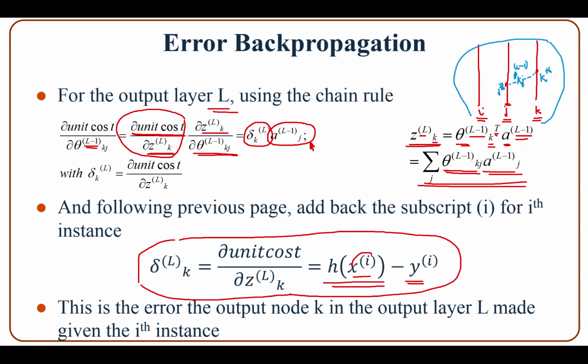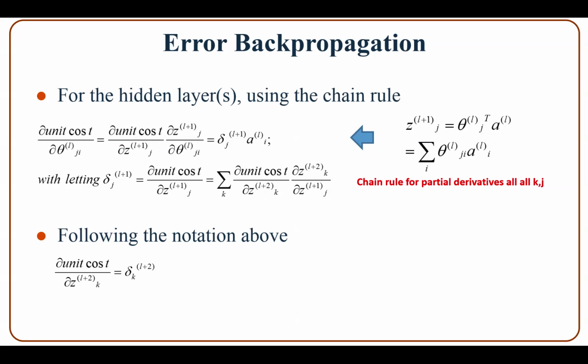So given the instance xi, this is the corresponding hypothesis, and that is the target value. The difference between those is the error. Now we continue going backward from the output back to the input.